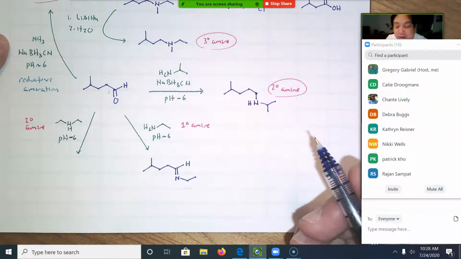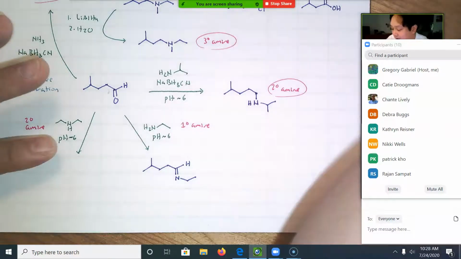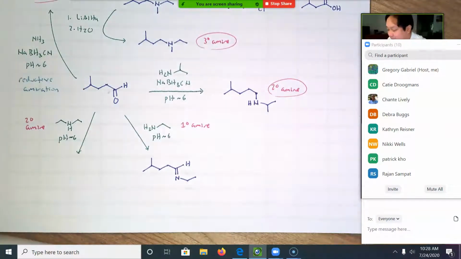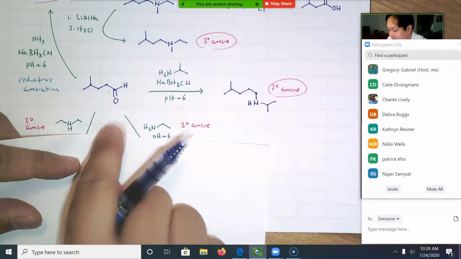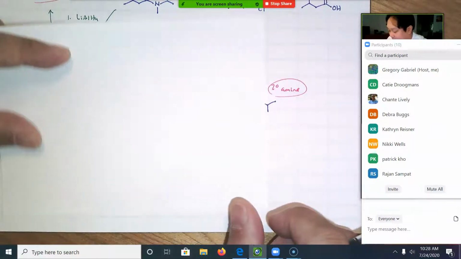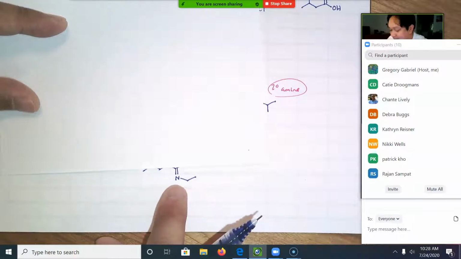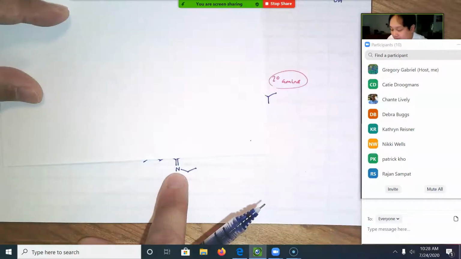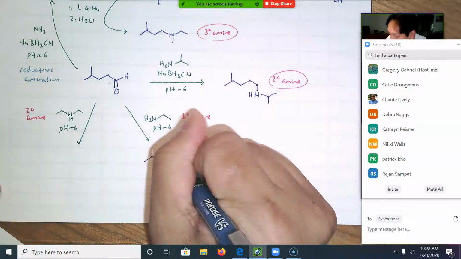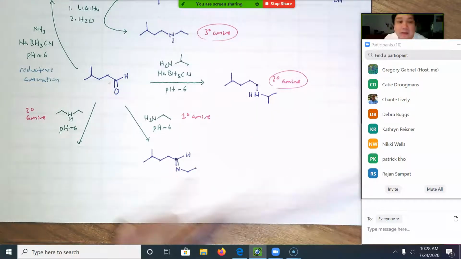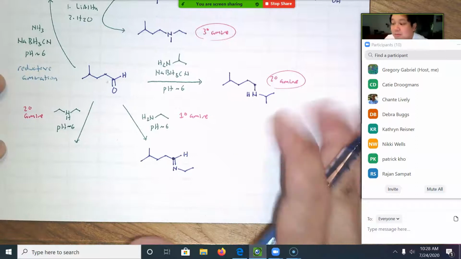Okay? Again, your note card, blank note card. What did you add? You added this amine to where the oxygen is. So take a look at that right there. See, the bond that was made was this one right here. You can put a dot, right? You are responsible for the mechanism.